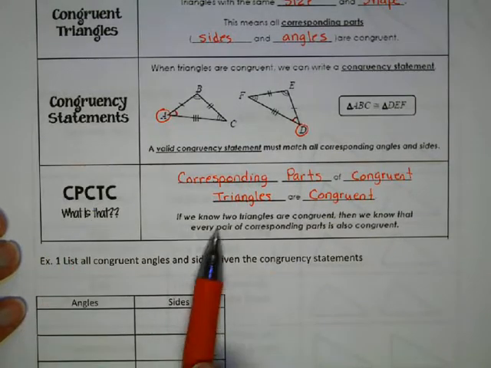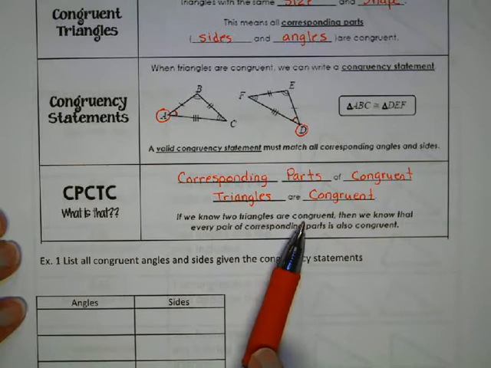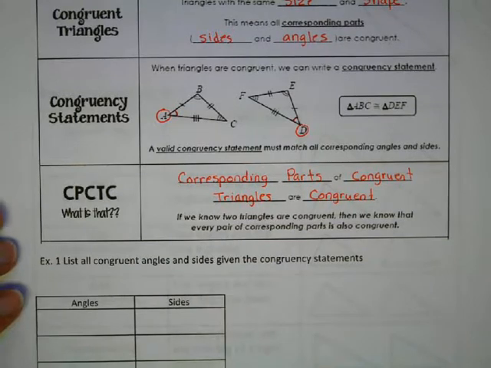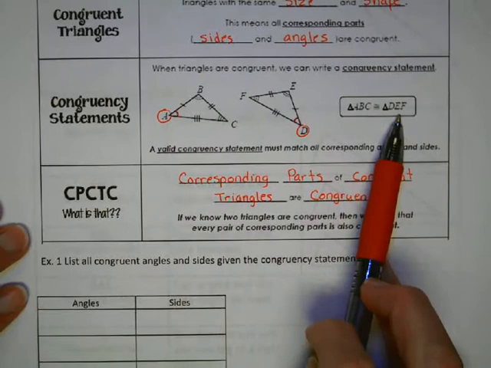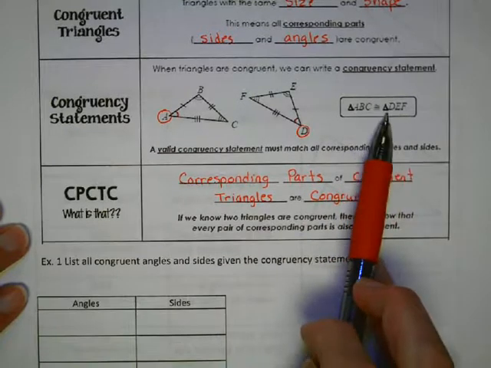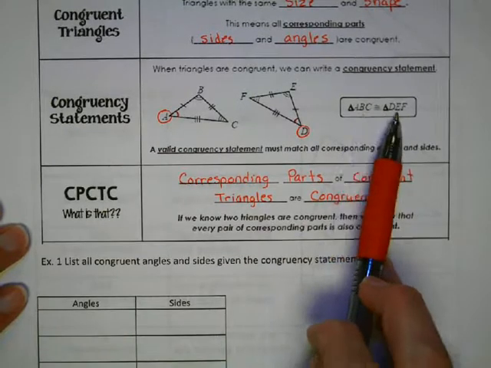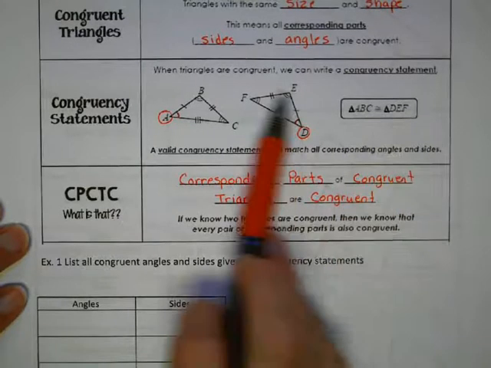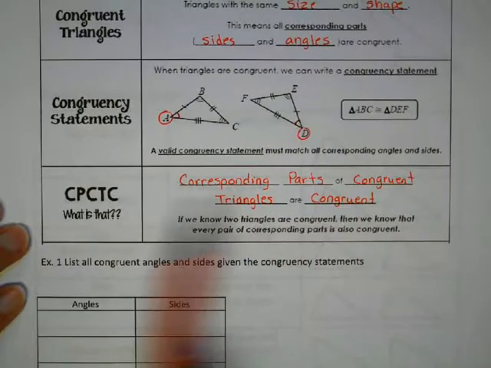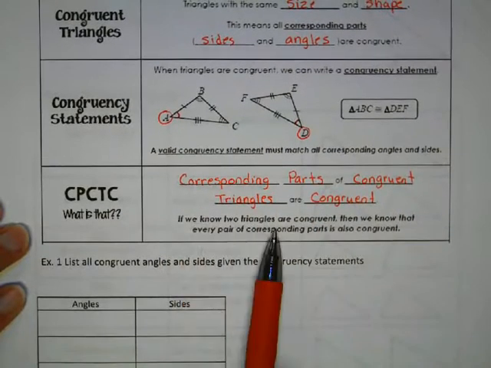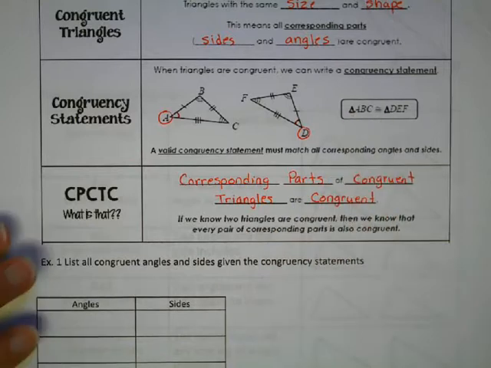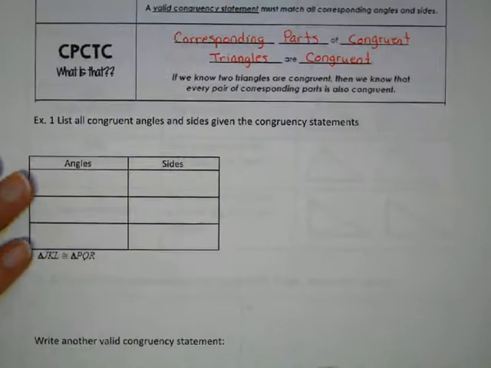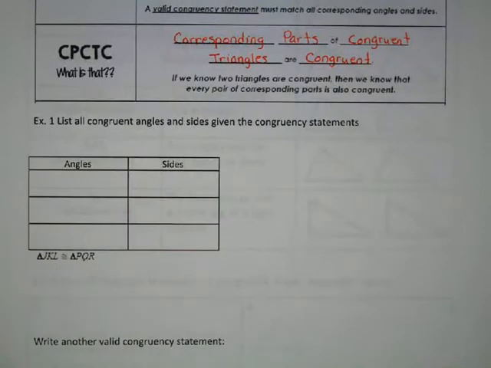If we know that two triangles are congruent, then you know all their corresponding parts are congruent. So if triangle ABC is congruent to triangle DEF, then we know A is congruent to D, B is congruent to E, C is congruent to F. Even without having a picture, because corresponding parts are congruent, you know each part of that triangle is congruent.